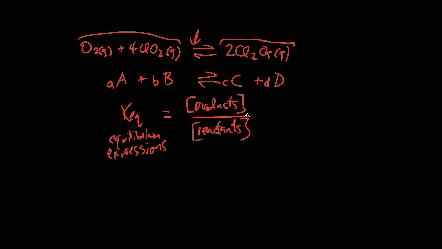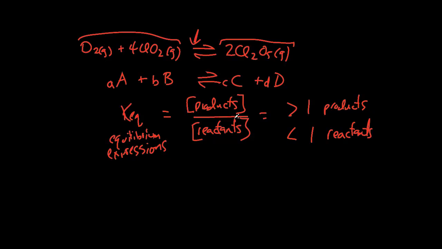Okay. And if I have an equilibrium constant greater than 1, that means I have more products, and this reaction will favor products. If I have one that's less than 1, or a fraction, that would mean that I have more reactants. Why is that?